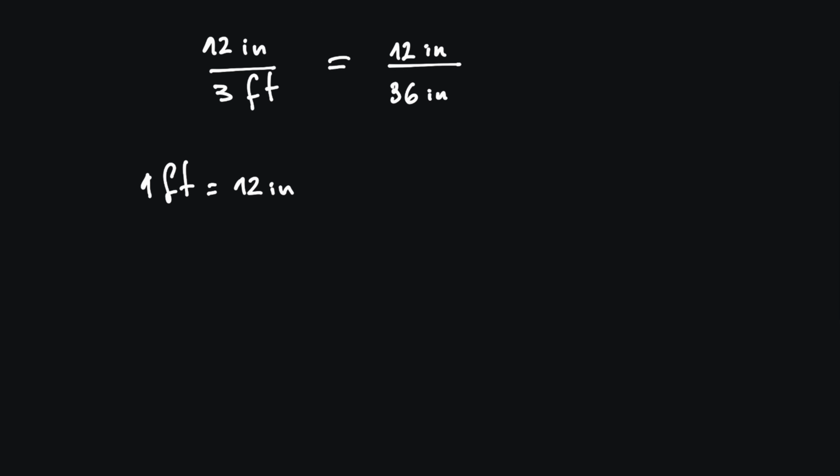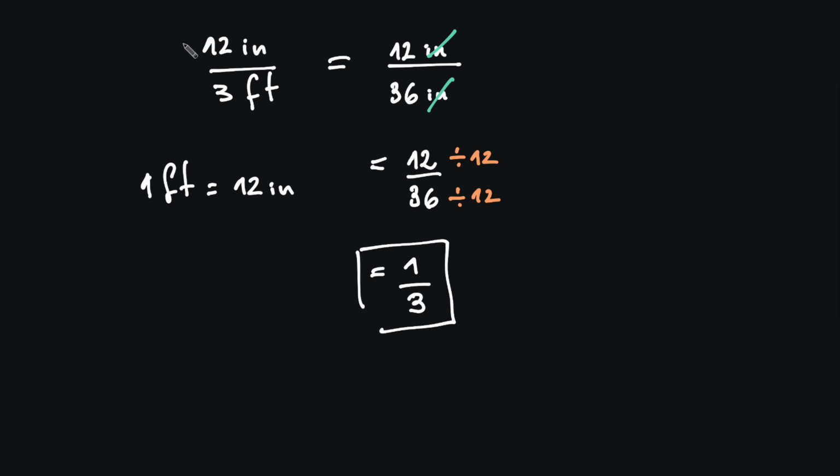Now we can do the simplification. The units are crossed out, and 12 is compared to 36. We can simplify by 12: 12 divided by 12 is 1, and 36 divided by 12 is 3. So this will be our ratio for this comparison.